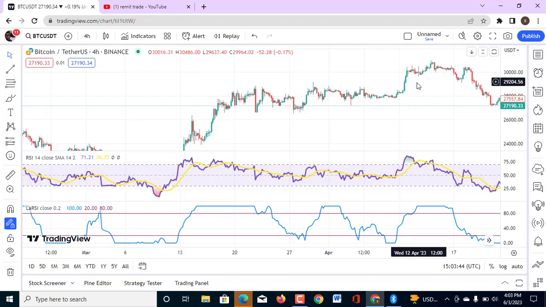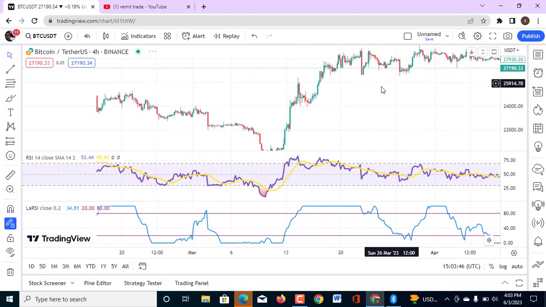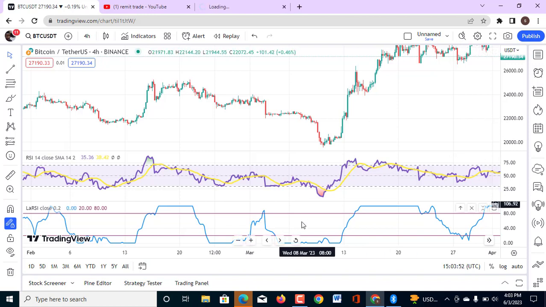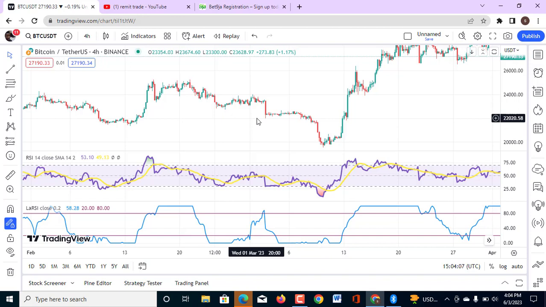So if you notice and do your backtesting very well, you discover that the Lego RSI is very, very powerful and more accurate compared to the old RSI. Not only that, the Lego RSI helps to filter out false signals and noise in the market, which helps smooth the market direction. So it is more preferable for you to use the Lego RSI compared to this old RSI.